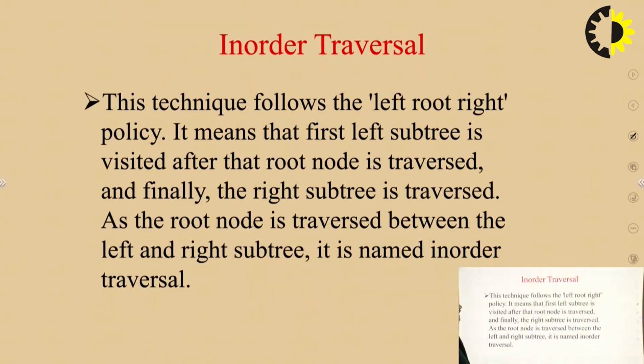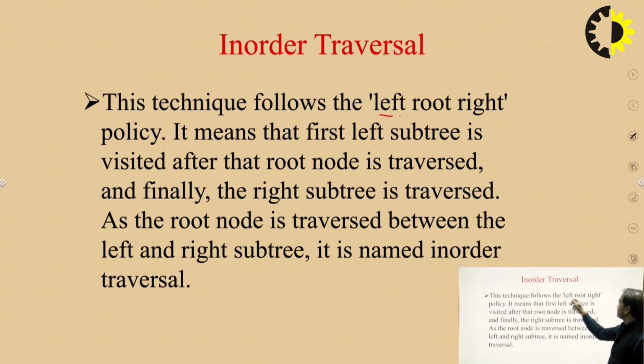Now the next traversal algorithm is in order traversal. In in order traversal, first we traverse the left subtree, then the root, then the right subtree. Here the root is traversed in between the left subtree and right subtree. This technique follows left, root, right.